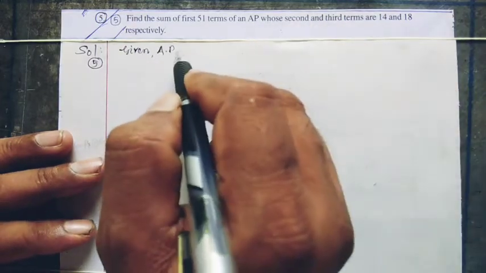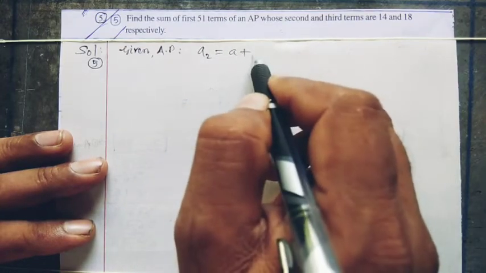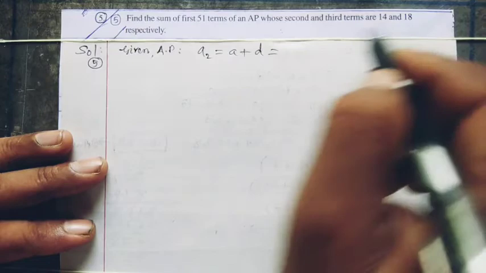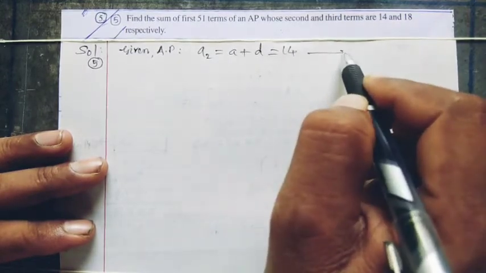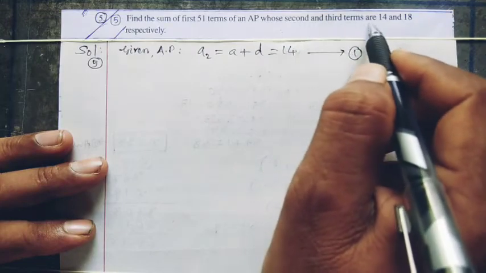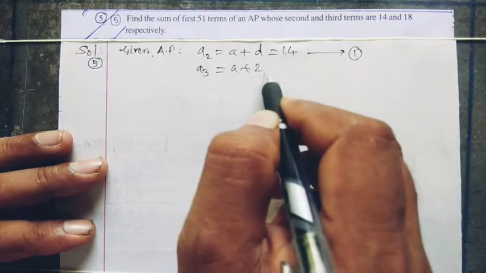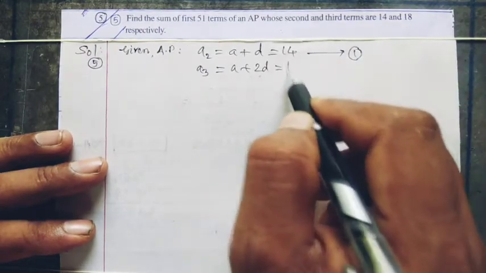Second term A2 is equal to A plus D is equal to 14. This is equation 1. And third term A3 is equal to A plus 2D is equal to 18 is given.